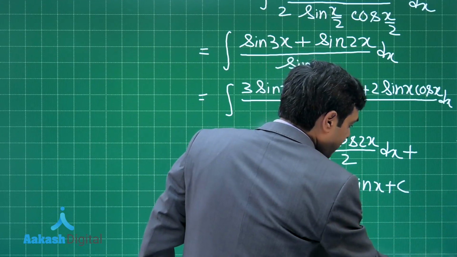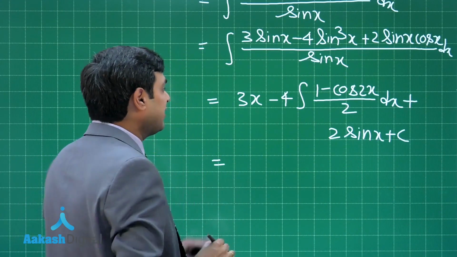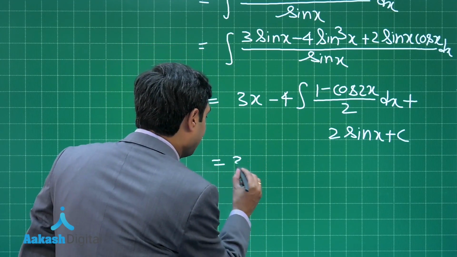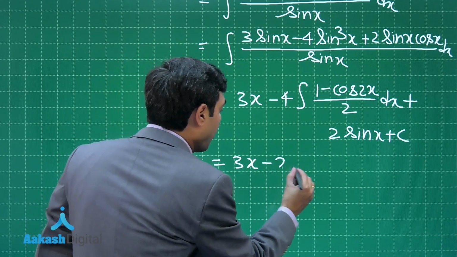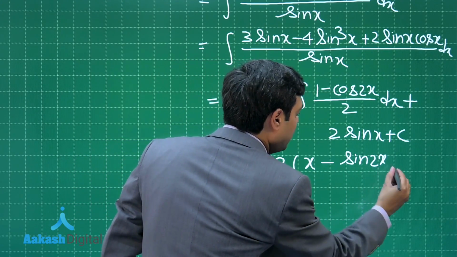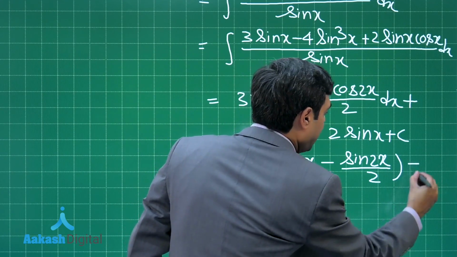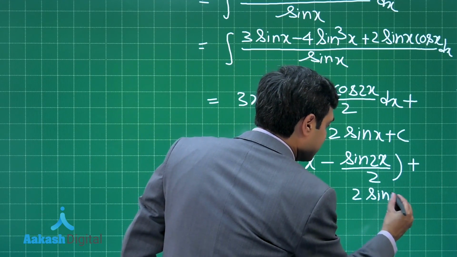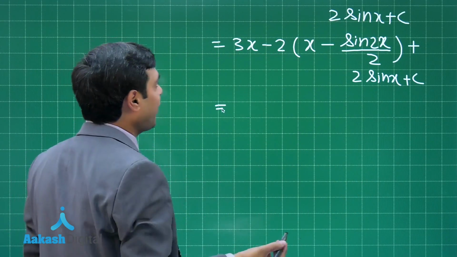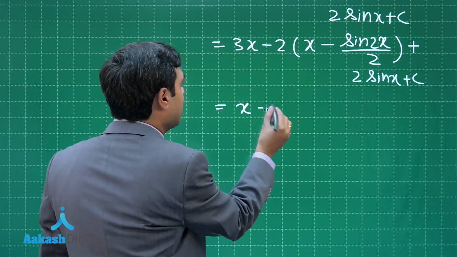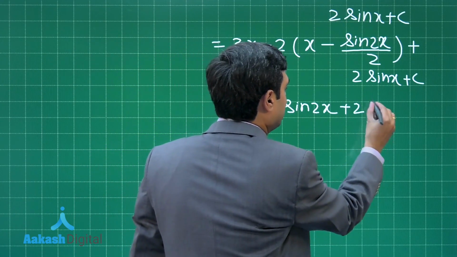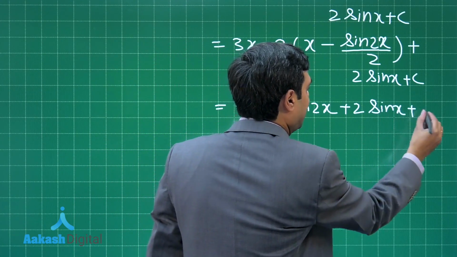Moving ahead, we can write here 3x, this 2 will be cancelled, so we will be left with 2 only. Let's write down 3x minus twice of x minus sine 2x upon 2 plus 2 sine x plus constant of integration. Simplifying further, we can write it simply as x plus sine 2x plus 2 sine x plus c.